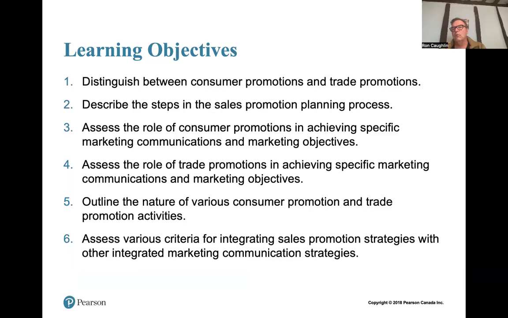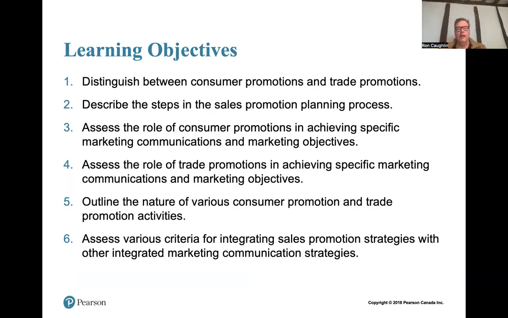And usually that's done through the reflection of a brief that you put together, a promotional brief, as well as assessing the trade promotion elements and understanding the difference between trade promotions and consumer promotions and their objectives specifically.